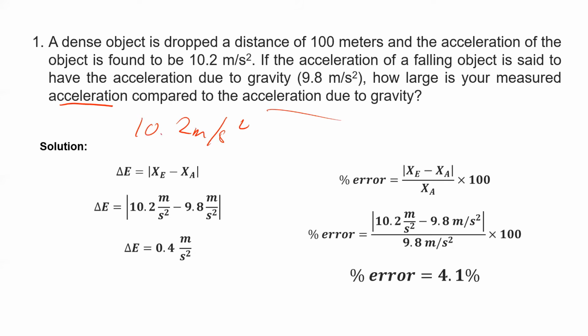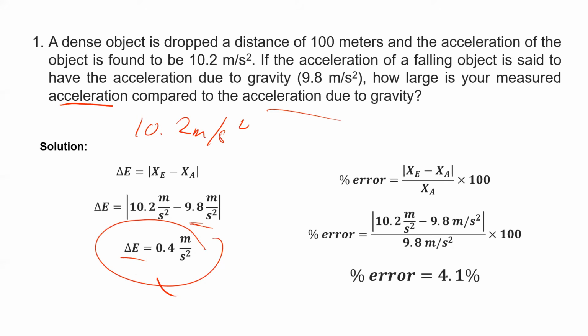So 10.2 meters per second squared is 0.4 meters per second squared larger than 9.8 meters per second squared. So this is our absolute error. It just tells us the difference between the two values, between the experimental and the accepted values. So how large naman is the error? If this is our error, how large is this error compared to our true value?